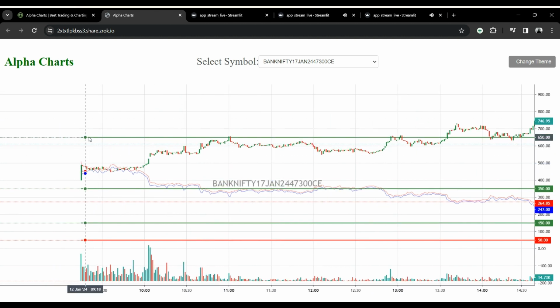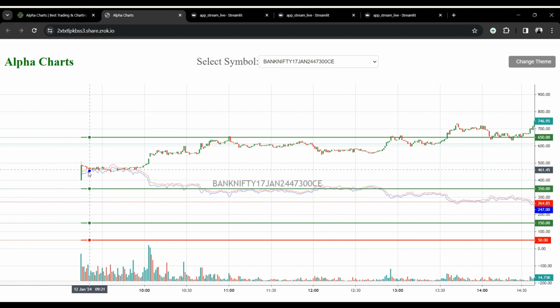If you are planning to buy the CE, we'll have to make sure this opposite price line should never ever cross this line. You have to hold. If you're planning to buy this CE chart, you'll have to plan to hold until this opposite price goes and touches here. Until then, you can keep it hold.